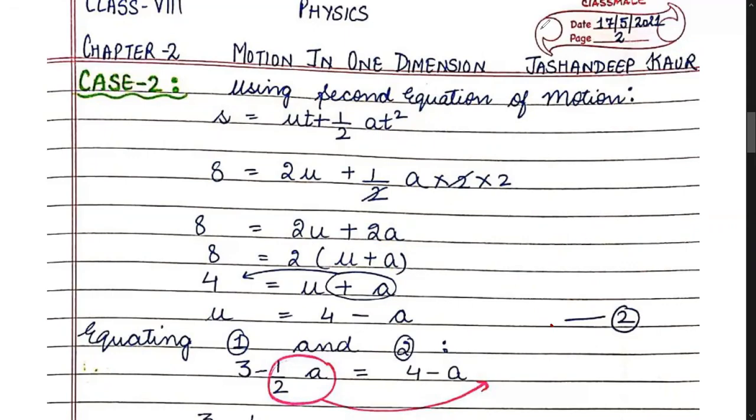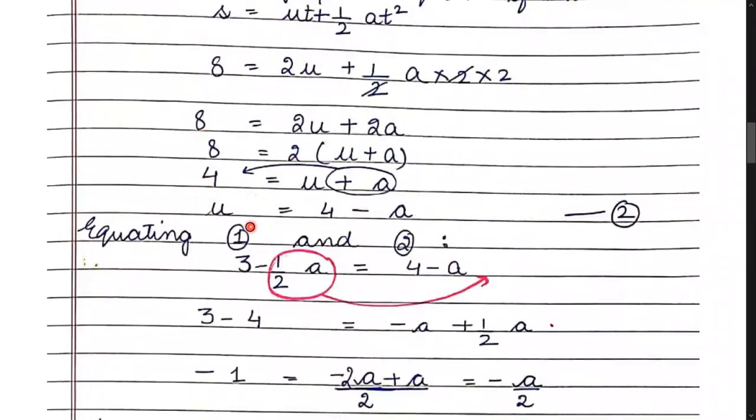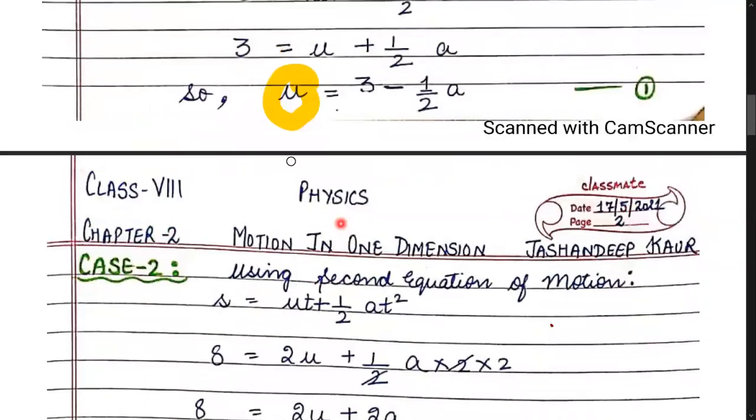Now children, equation number 1 was depicting the value of initial velocity, and second equation is also telling you the value of initial velocity. So in both the cases, on the left side, our term is same.